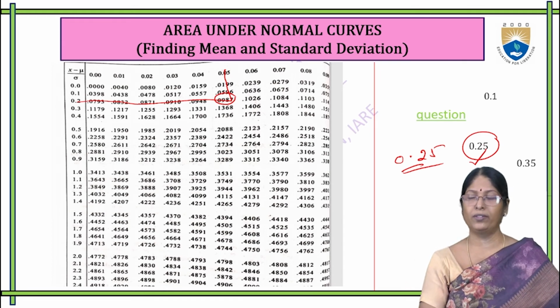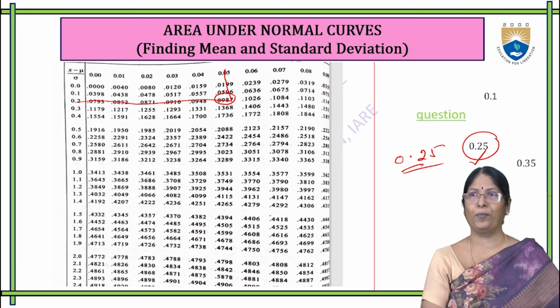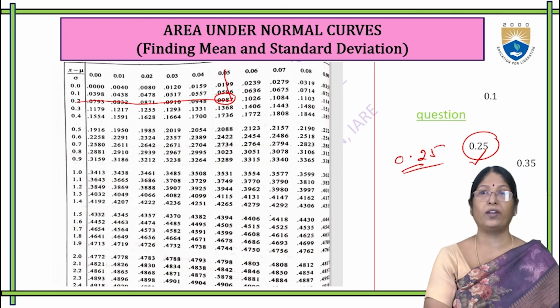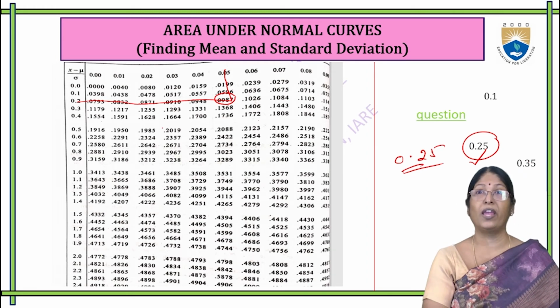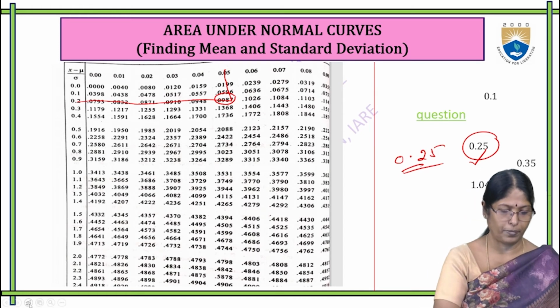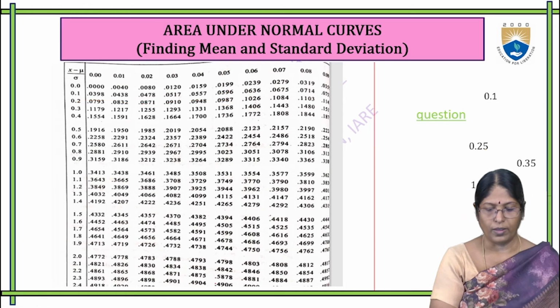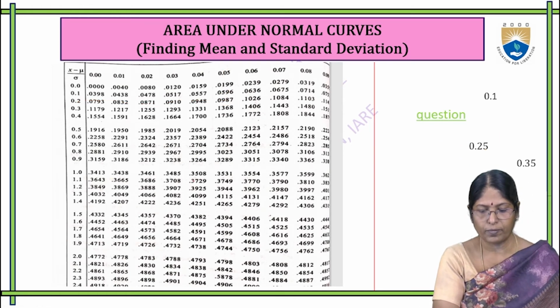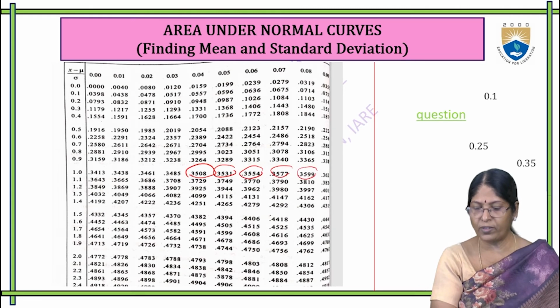The next one is 0.35. We have to search where it is among this area data. We will start searching. Here one is there. Here one is there. Yes, 0.35 we wanted.